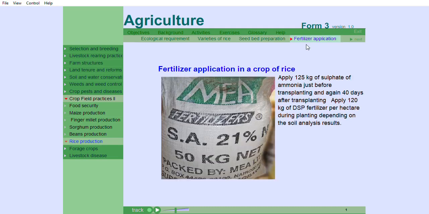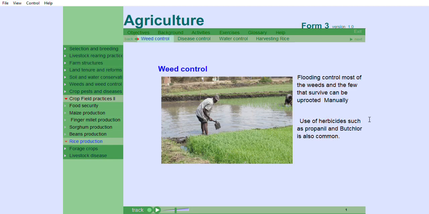Fertilizer application. Apply 125 kilograms of sulfate of ammonia just before transplanting and again 40 days after transplanting. Weed control. Flooding controls most of the weeds and the few that survive can be uprooted manually.